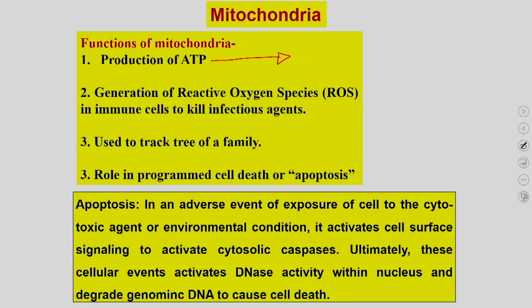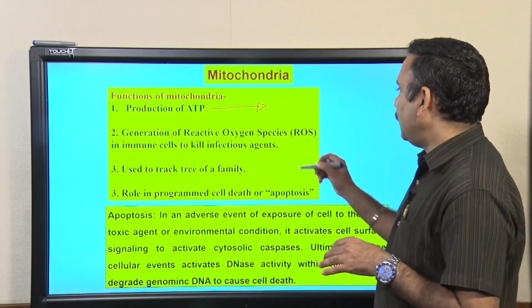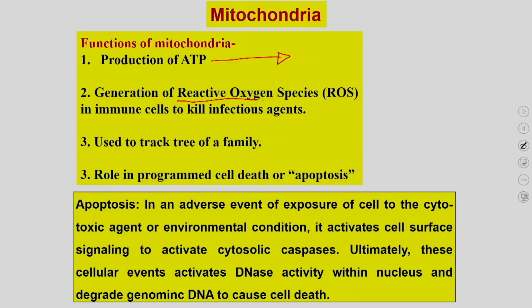Then the mitochondria is a site which is important for generating free radicals, and these free radicals, or reactive oxygen species, are known in immune cells to kill infectious organisms.